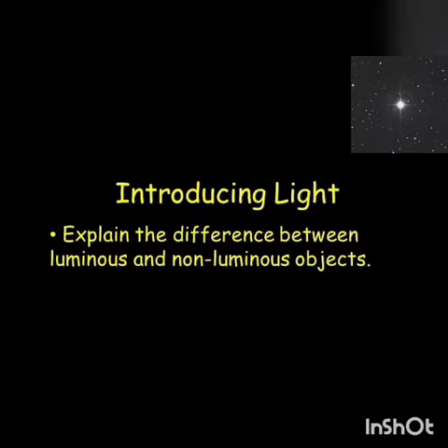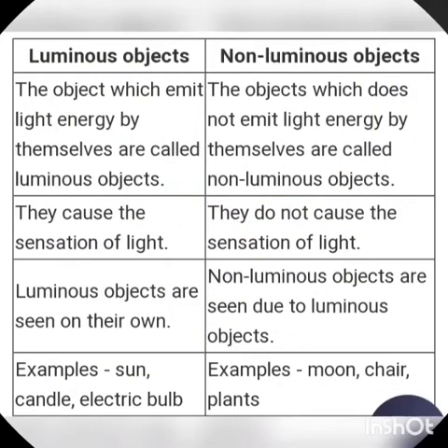Let us try to understand the differences between luminous and non-luminous objects, how they are different from each other. The luminous objects, as the definition says, are the objects which emit light energy by themselves, and the objects which do not emit light energy by themselves are called non-luminous objects.